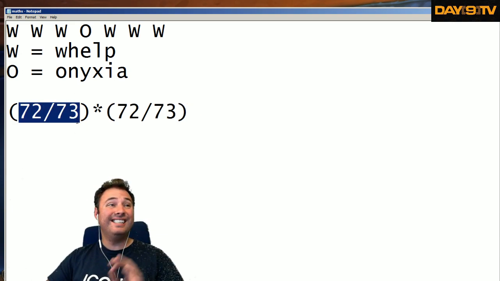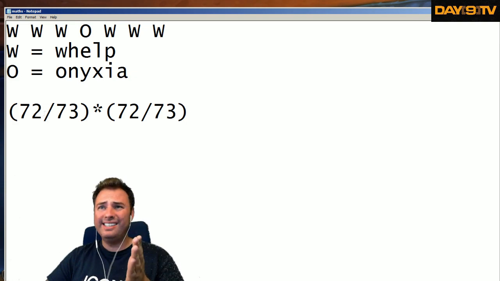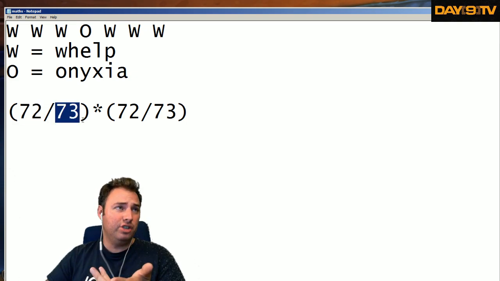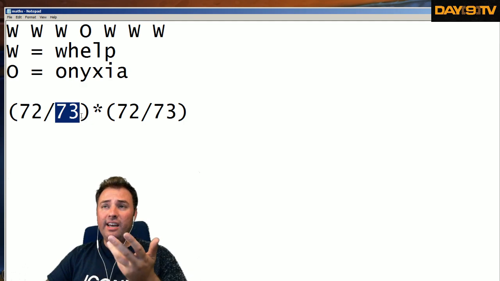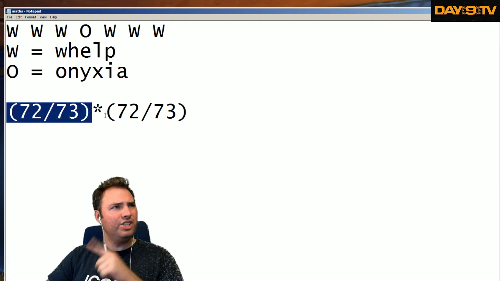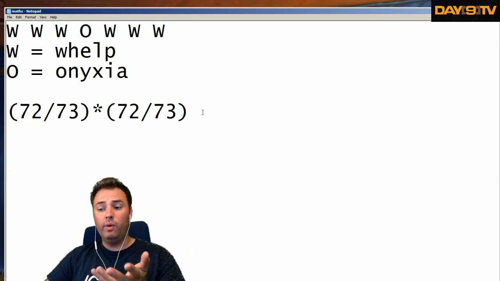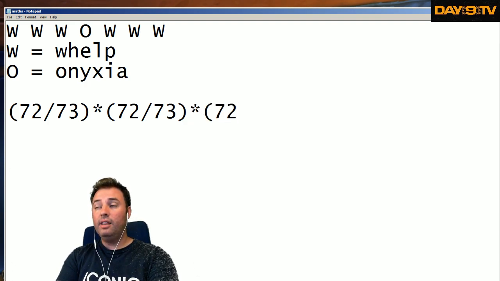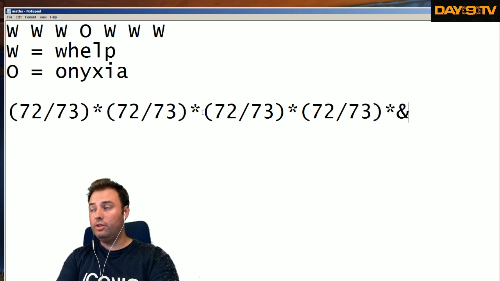Right, this is the chance that it's not a Doomsayer. For the first one, 72 out of 73 times, it's not a Doomsayer. And if the first one isn't a Doomsayer, what's the chance that the second whelp is not a Doomsayer? Well, it's that. And what's the chance that all of these are not Doomsayers?